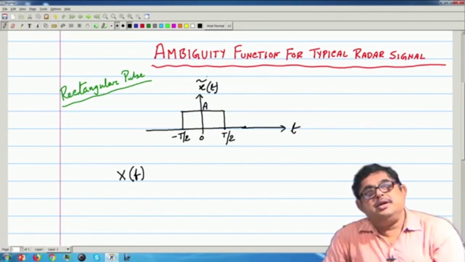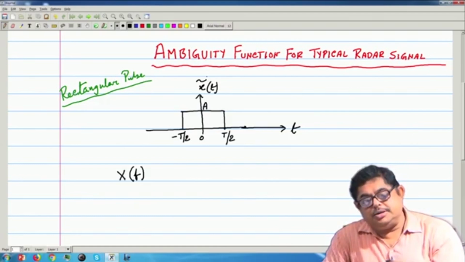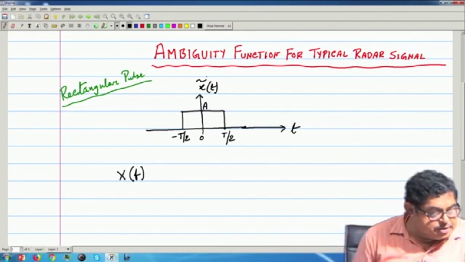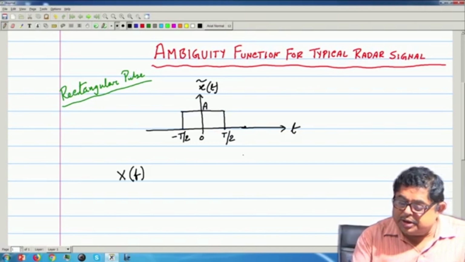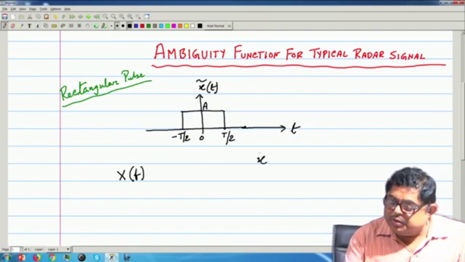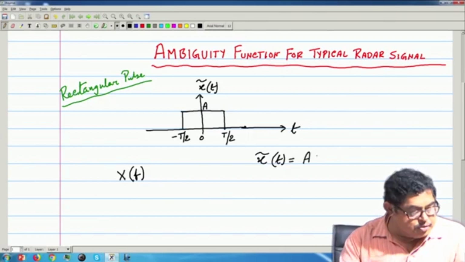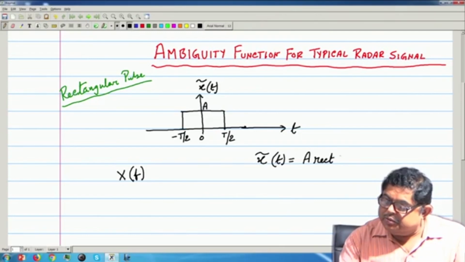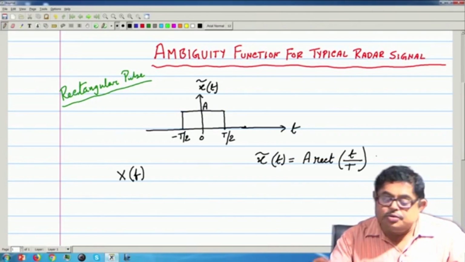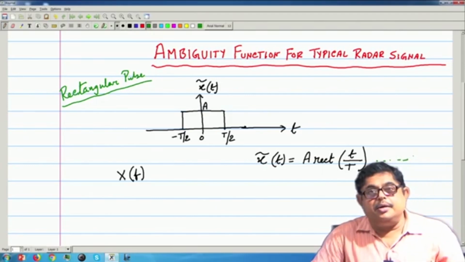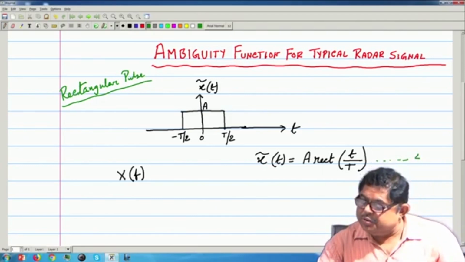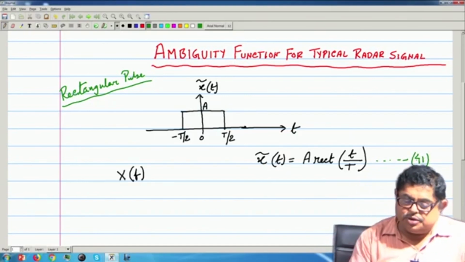We have already introduced the concept of complex envelope. Let me write first, because the equation number should be given, x(t) is A into rect(t/T). Last time we have seen equation 40, so today let me give it equation 41.